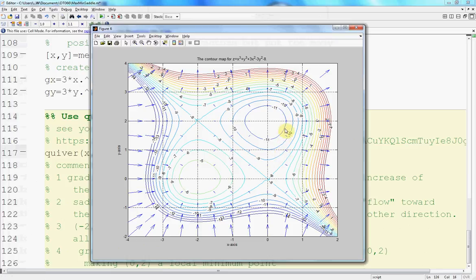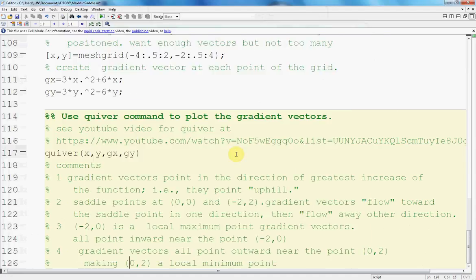Again, to emphasize, blue is low, red is high, so you're in a depression here and going up. Everything reinforces each other. The gradient vectors are going this way, you're going up the hill in a heat map, from blue to red. So that is a max, that is a min. Hope that helps.